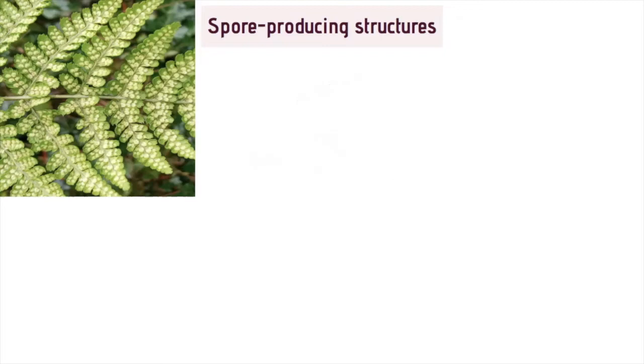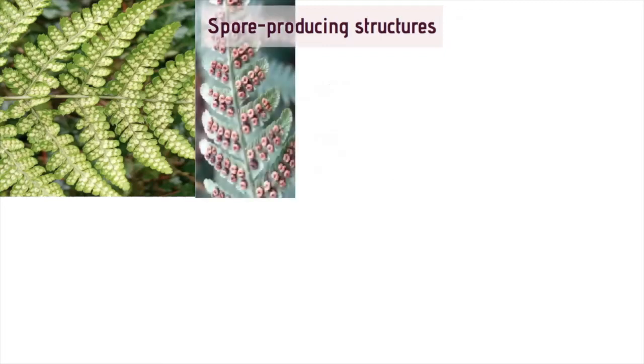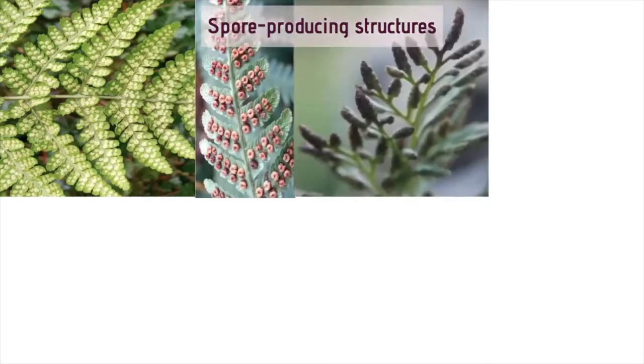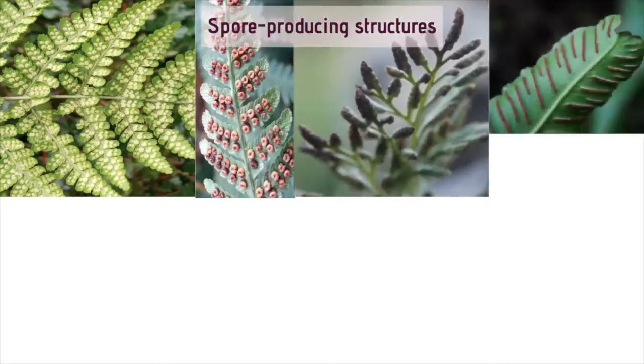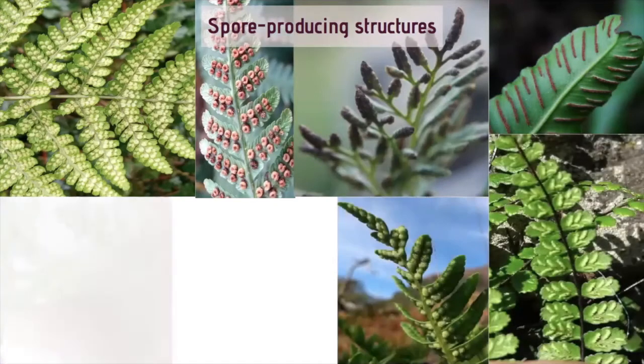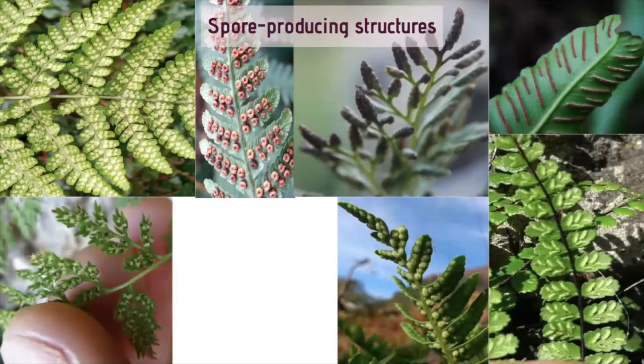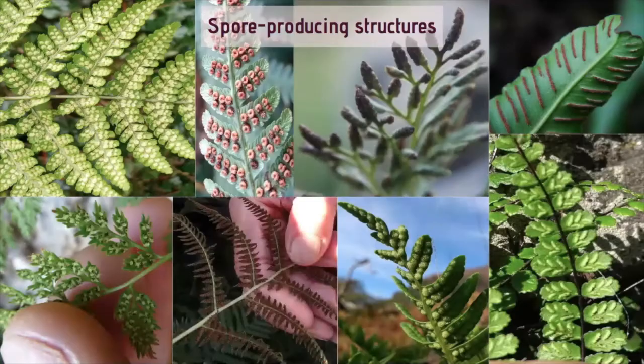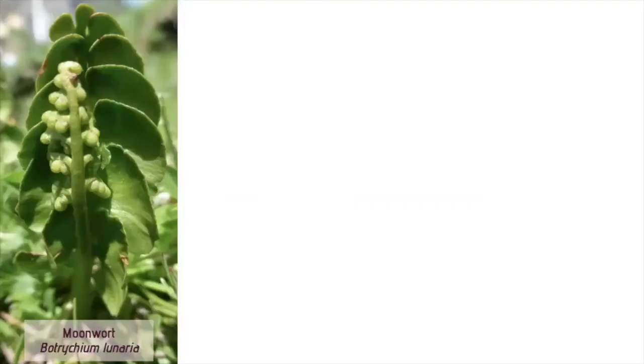So a few more examples here of some of the shapes and colours and patterns and designs of these spore-bearing structures, these sori. And you can see they're very diverse, variable, and they're very useful to help us in the identification of each of the different ferns. But there are exceptions.